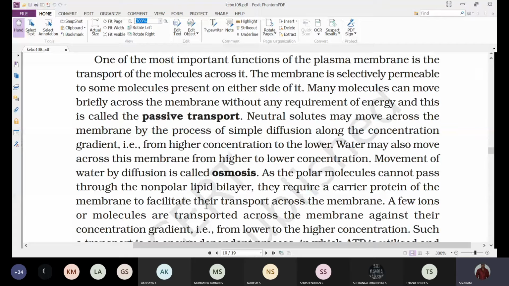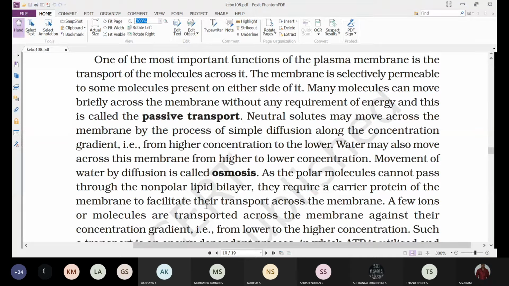So here the water also has to be transported across the membrane. This transport of water also occurs from a higher concentration to the lower concentration, that is, from the region of higher water potential to the region of lower water potential.